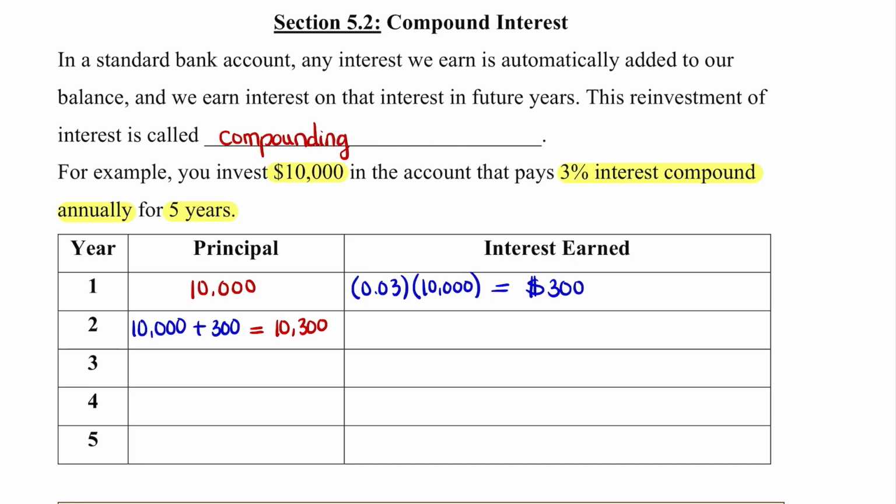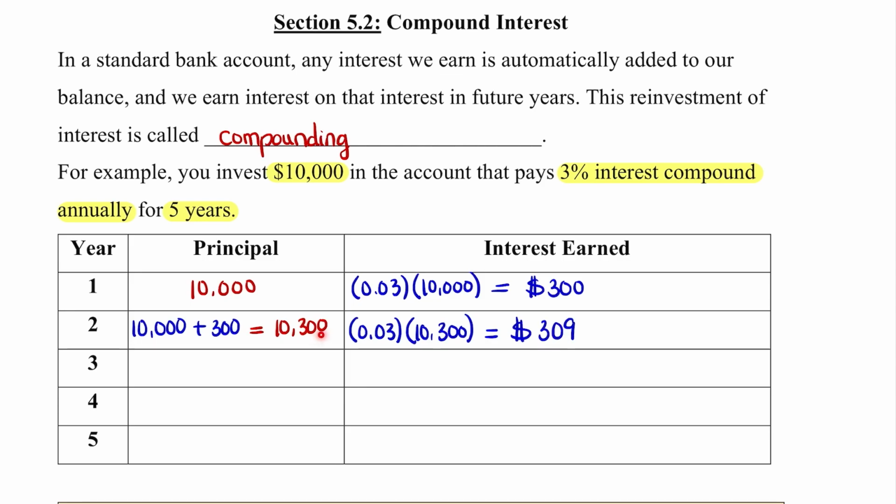The interest for the second year will be based on this new principal. In the second year, I'll still earn 3% interest, but 3% of $10,300, and that is $309.